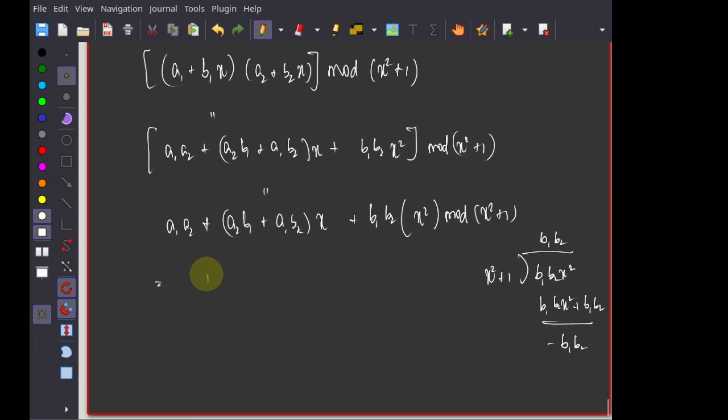So this is equal to a1 a2 minus b1 b2 plus (a2 b1 plus a1 b2) times x. Right? Is this familiar? This is just complex multiplication. Multiplication of two complex numbers.